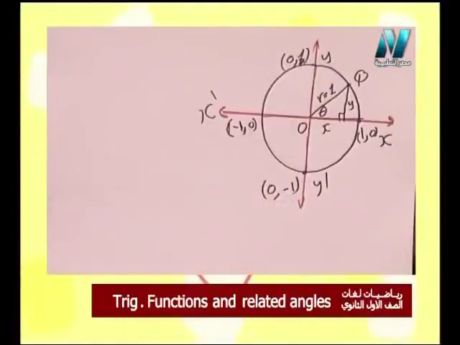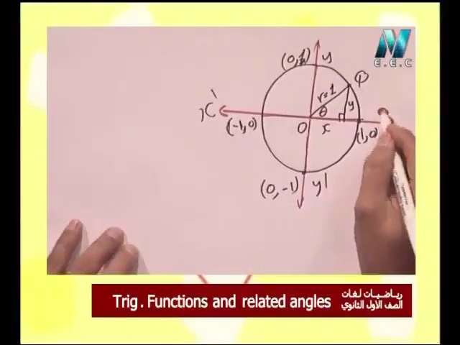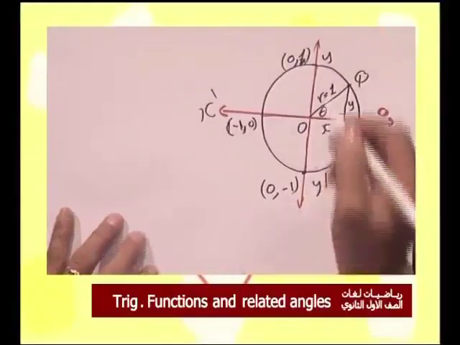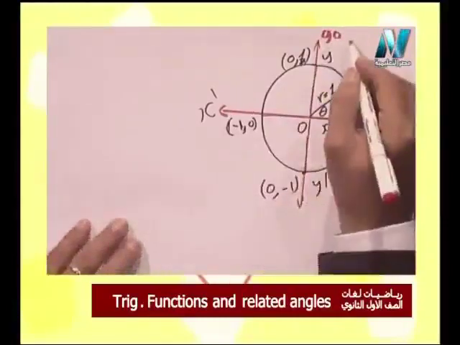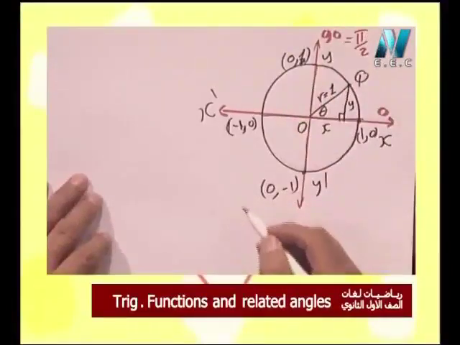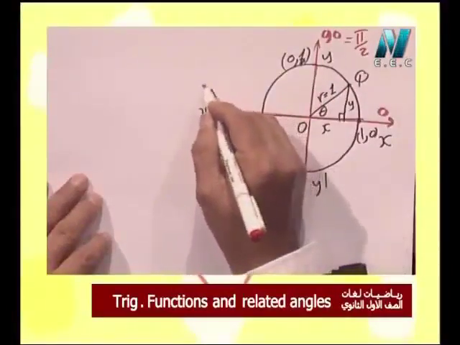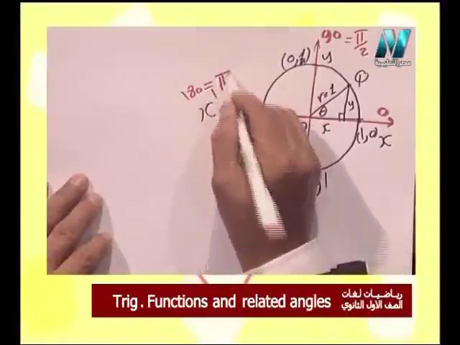And let us see the angles here. We will start with 0, then 90 degrees, which equals pi over 2 as a radian. Here will be 180 degrees, which equals pi.